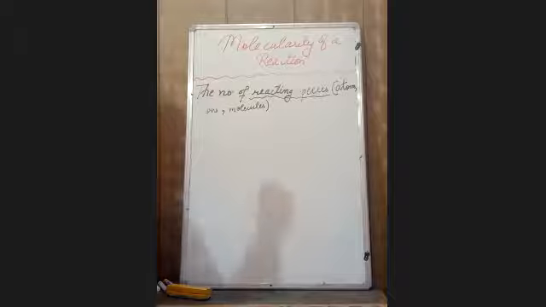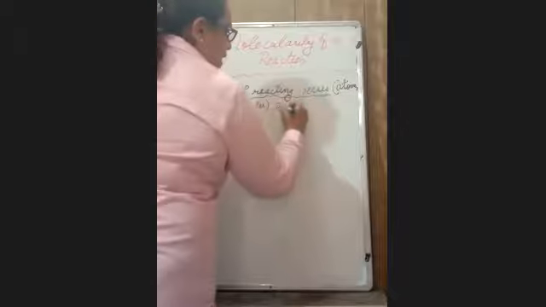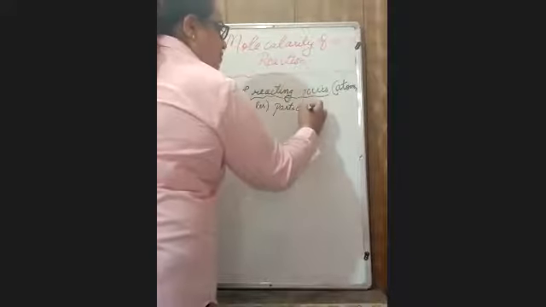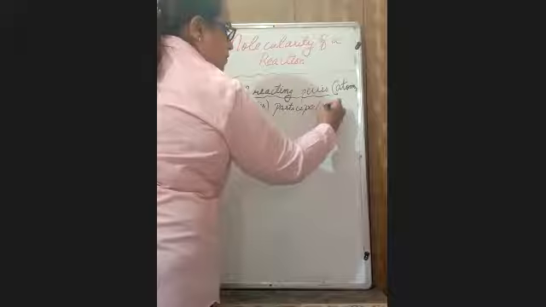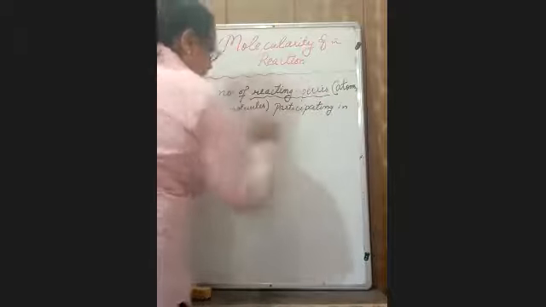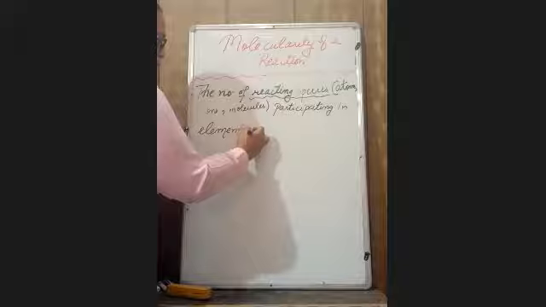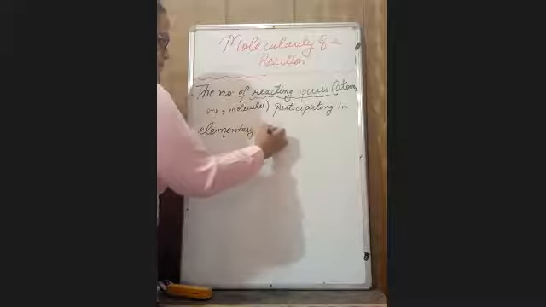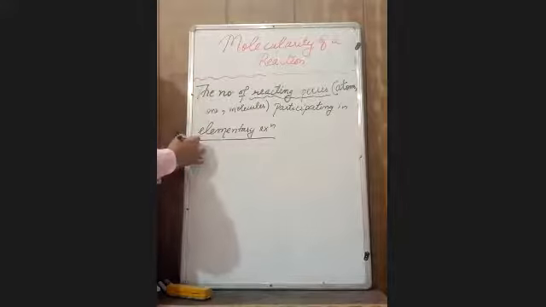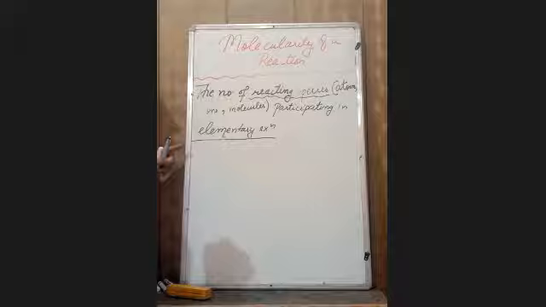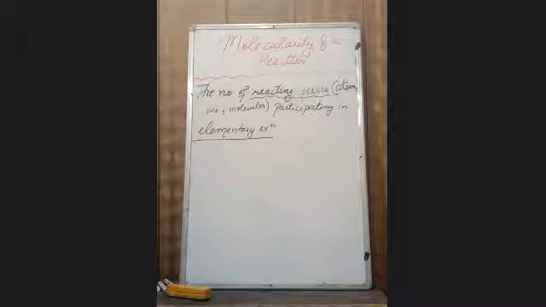The number of reacting species participating in an elementary reaction. Second, the most important point: elementary reaction. Only to be elementary, not complex type, which is taking place only in a single step.